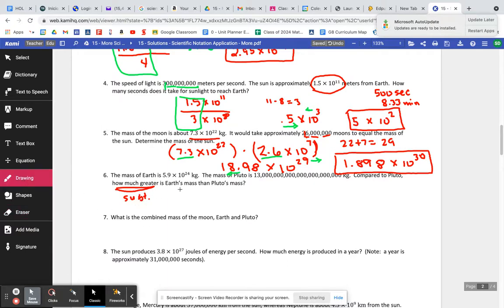Okay, so I got 5.9 times 10 to the 24. And I want to subtract. Okay, let's take a look at this. I'm going to, of course, call this 1.3. So I got to move the decimal all the way to there. There's 3, 6, 9, 12, 15, 18, 21, 22.